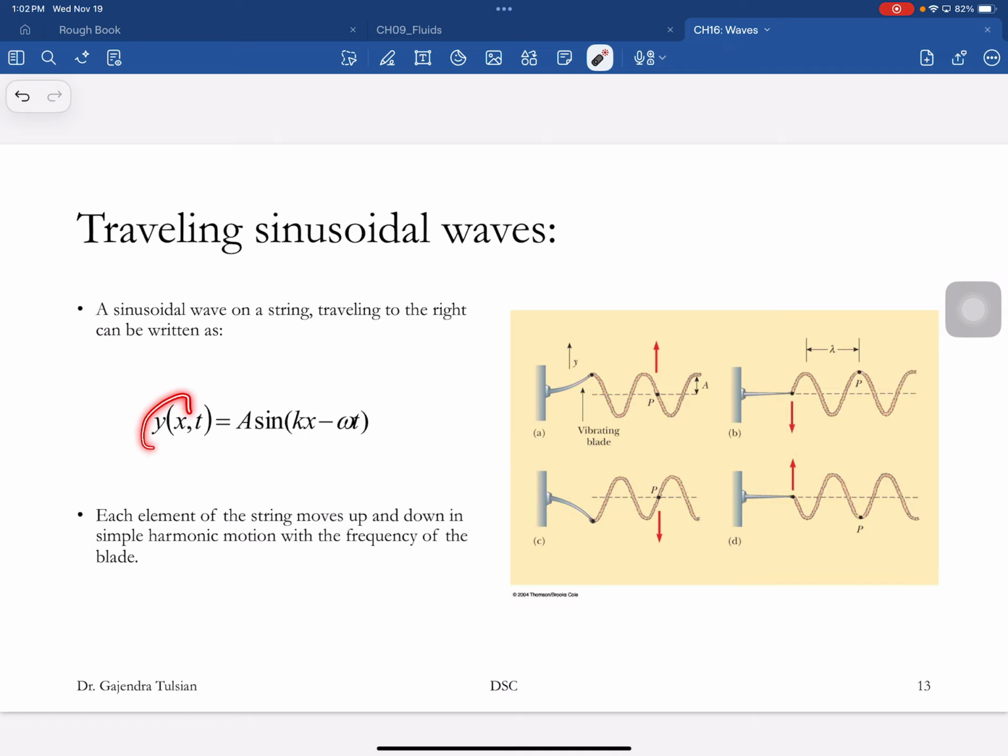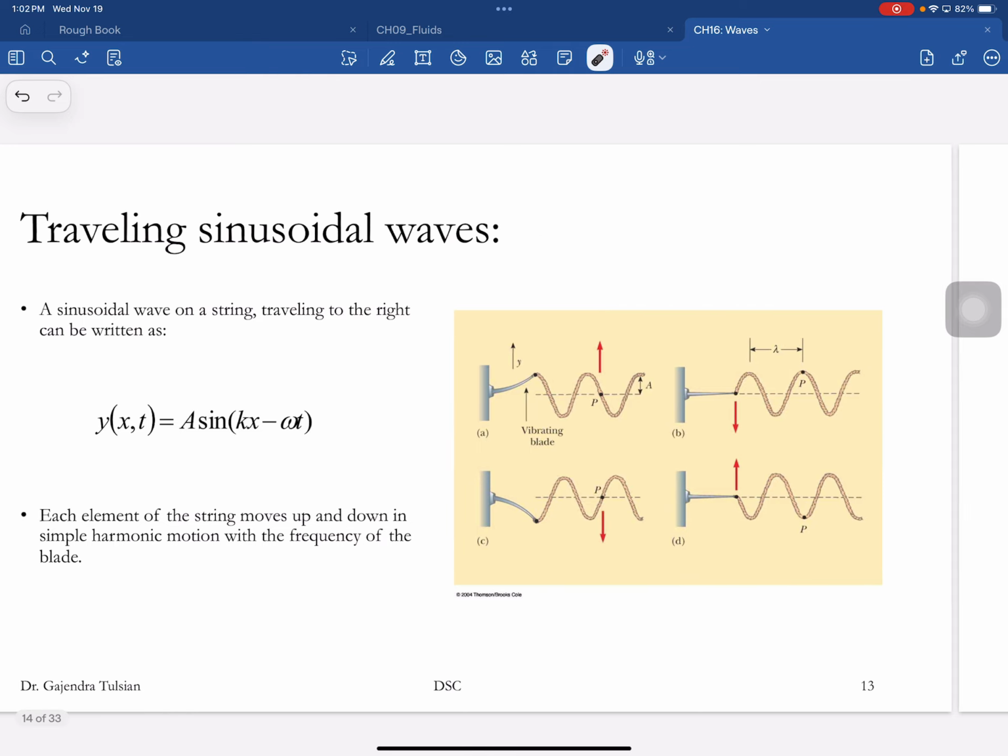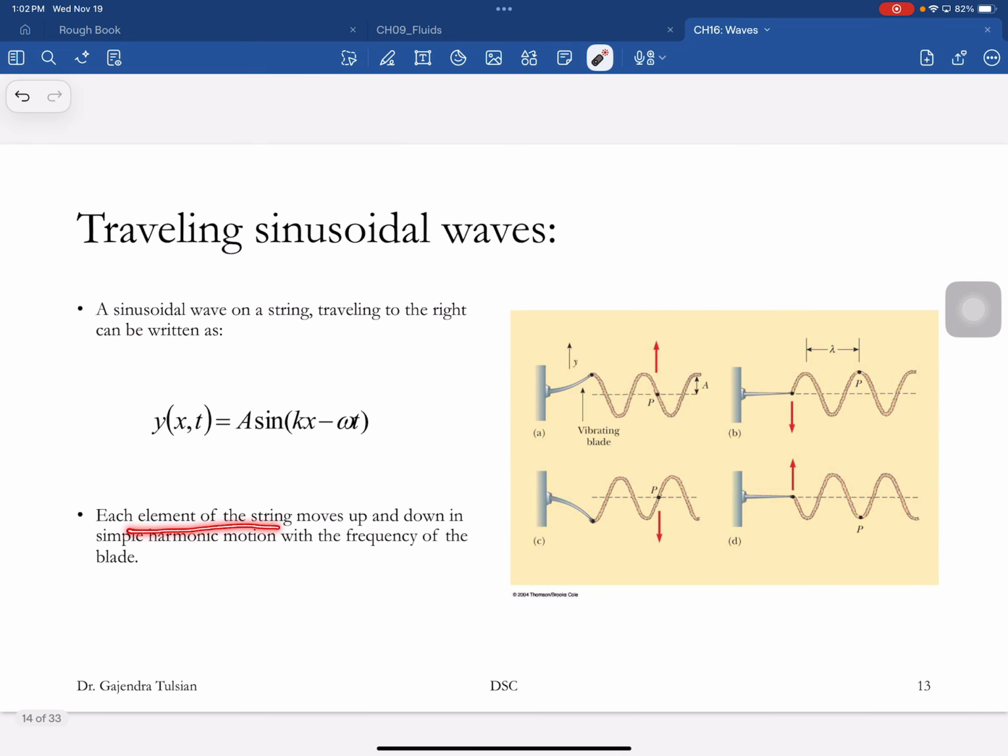That's what this function tells you. Each element of the string moves up and down in simple harmonic motion, like a mass attached to a spring.